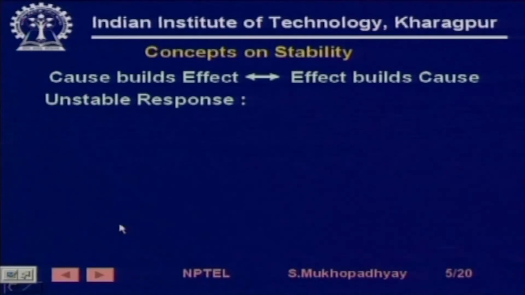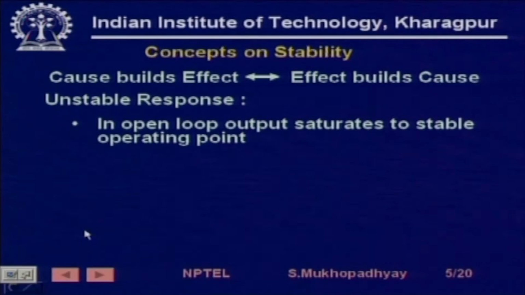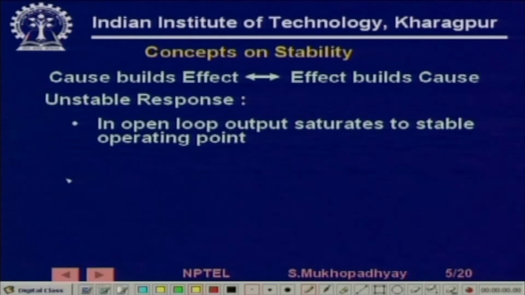So, what is the next point? What is the unstable response? I mean, how is it typically characterized? There are two typical demonstrations of an unstable response. For example, in open loop, if the plant is not operated in open loop, then the output saturates to a stable operating point. What is a typical example? Suppose we have the case of an induction motor torque speed curve.